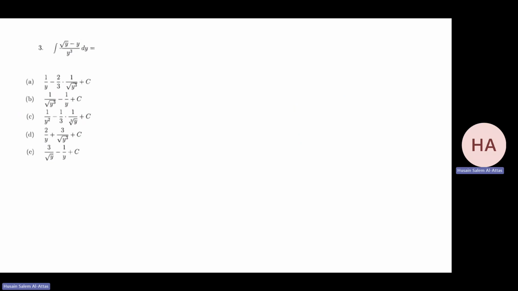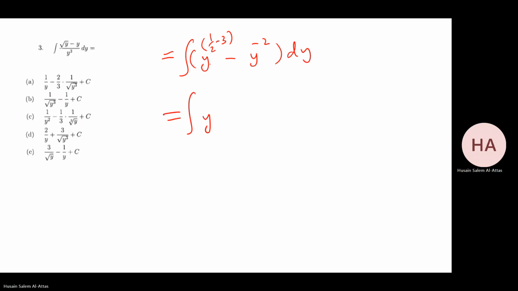This one, I'm not sure we did it or not. Okay, let me do it again. That will be y to the power half minus 3 minus y to the power minus 2 dy. Y, I mean y, not u. Y to the power minus 5 over 2 minus y to the power minus 2 dy.